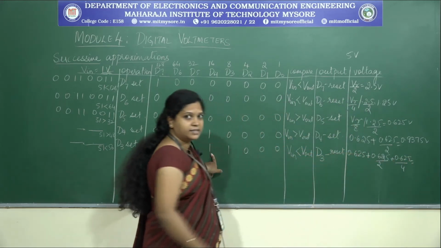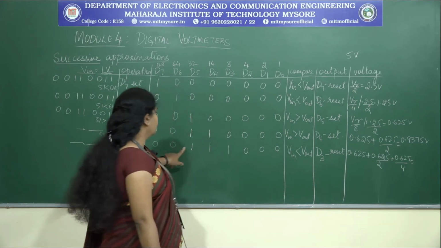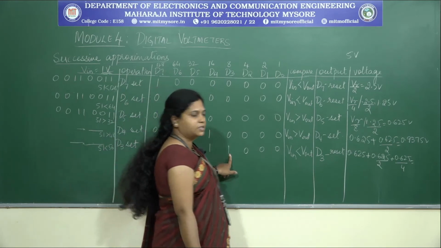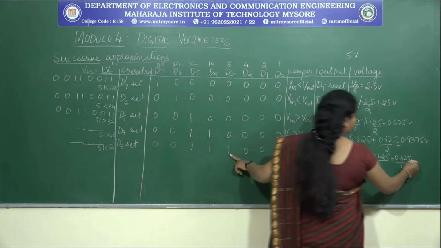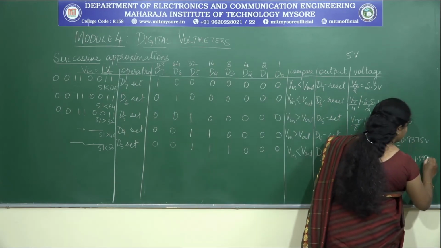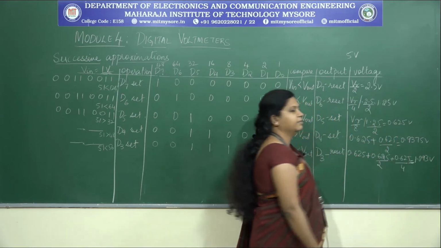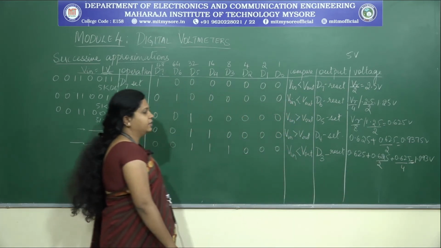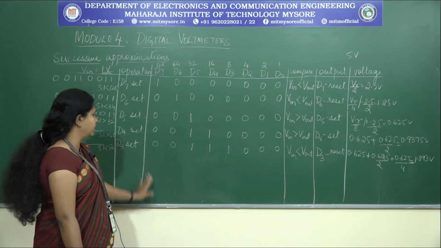I hope you are understanding this logic. Okay. 0.625 plus 0.625 divided by 2 plus 0.625 divided by 4. So find out what value you are going to get for this. 1.093 volts will be the value, the approximated value which you are going to get.